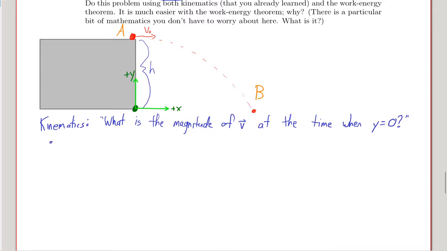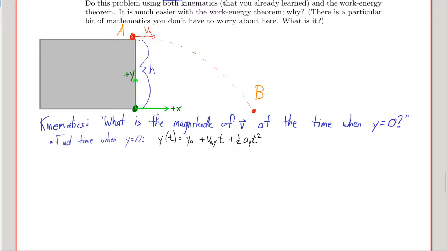So first, to do that, I know y of t is going to be y0 plus v0y t plus 1/2 ay t squared.